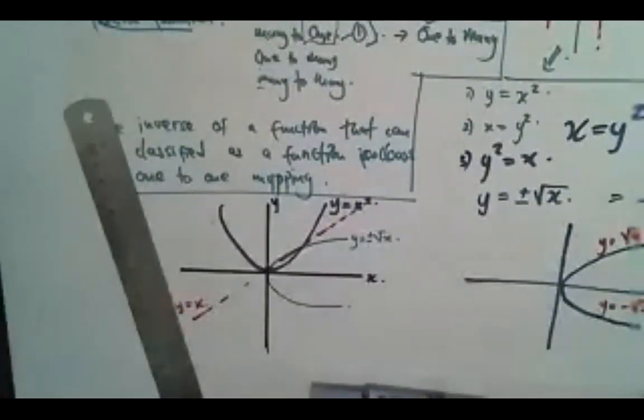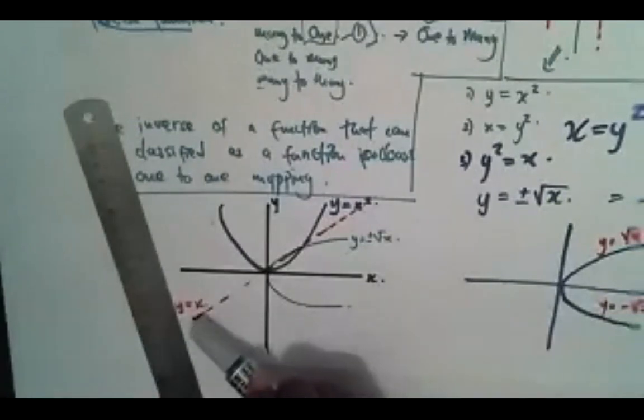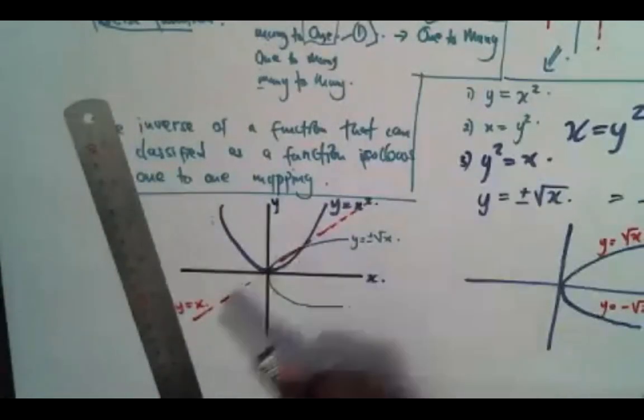So now, the question that some of you are asking is, how do we know that the graph is reflected up and not down? I'm not understanding the question, but the graph is reflected not up or down, but about the line y equals x.